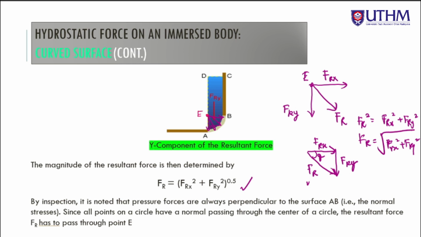Since all points on the circle have a normal passing through the center of a circle kan, the resultant force FR has to pass through point E kan. That's why apa-apa pun dia akan pass through point E juga.